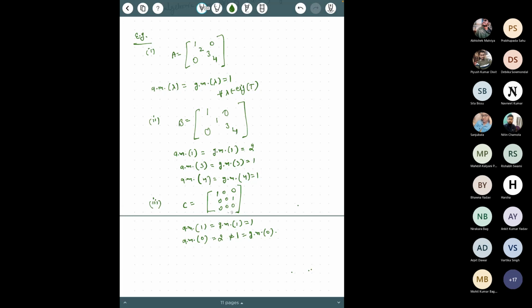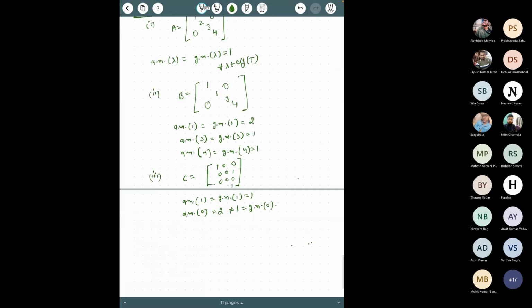In all these examples, algebraic multiplicity for an eigenvalue is always greater than or equal to geometric multiplicity, and in fact one can prove this result.